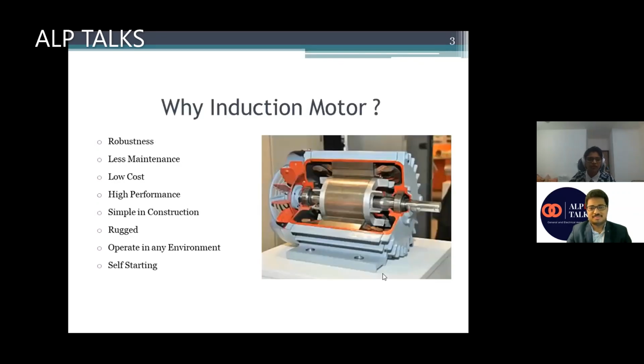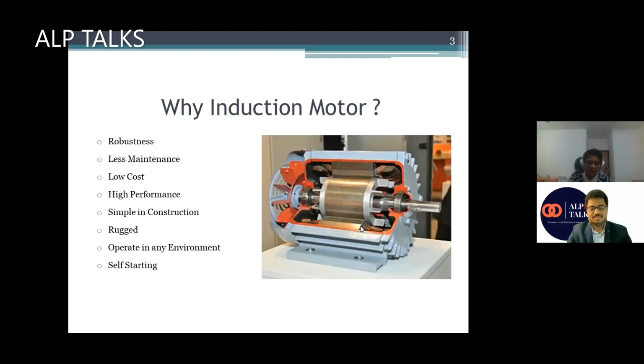Okay. So first we'll see why we are moving to AC motors, first for induction motors. Over the last many decades, DC motors were used widely for variable speed applications due to their decoupled control of torque and flux, which can be obtained by armature control or field oriented control. But due to many disadvantages, such as the presence of brush assemblies and commutator, DC machines have become outdated nowadays. So we are moving towards AC motors.